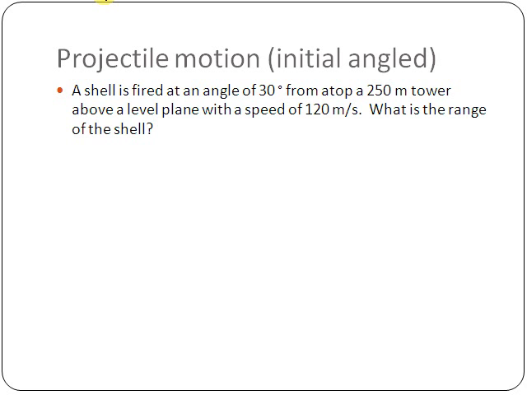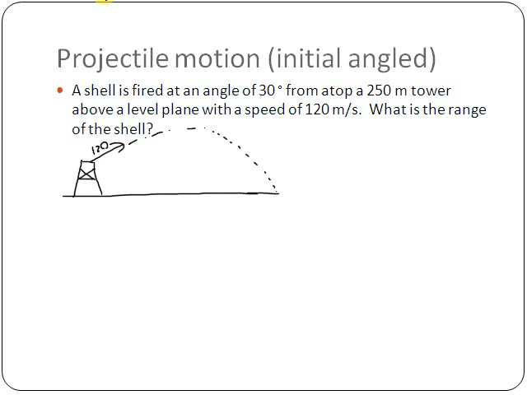So if this is our plane right here, instead of being from the ground, we now have some sort of tower. From that tower, we're firing this thing upward still at 120 meters per second. Those conditions haven't changed. We would expect that it's probably going to have a little longer range now because it starts off from a higher height.